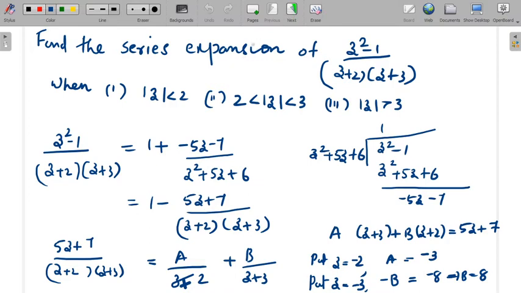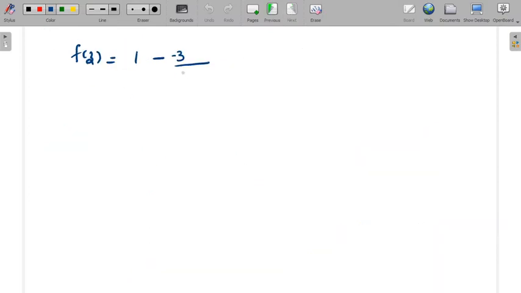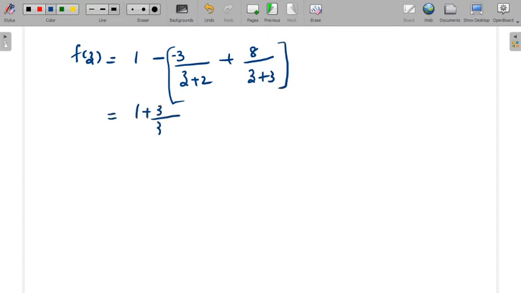Okay, minus 3 by z plus 2 plus 8 by z plus 3. So we can write this as 1 plus 3 by z plus 2 minus 8 by z plus 3. Okay, now after changing into partial fraction, we consider the given regions one by one.